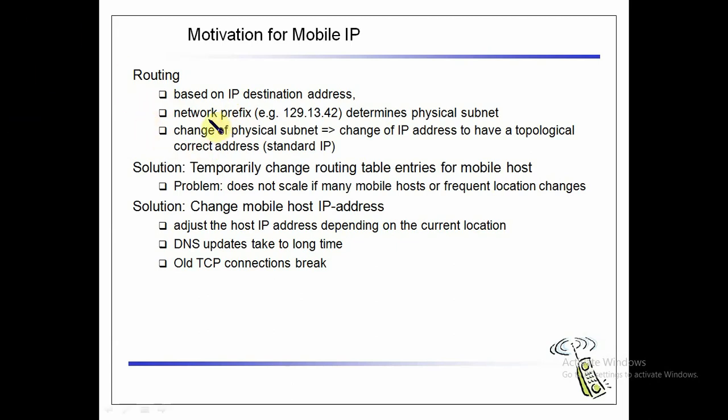The routing and the solution about the motivation for mobile IP is based on the internet protocol and destination addresses. The example given is 129.13.42, which determines the physical subnet, that is the physical layer, and a change of physical subnet is equal to a change of IP address.